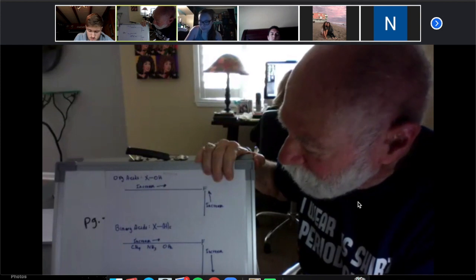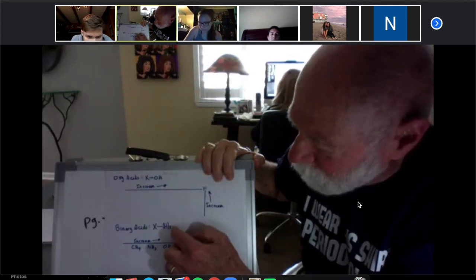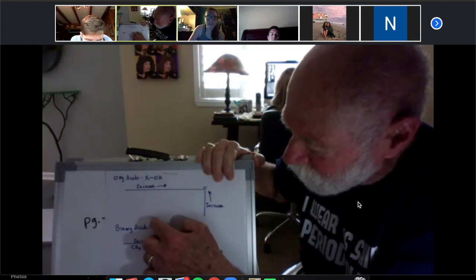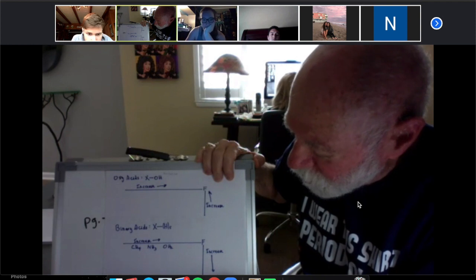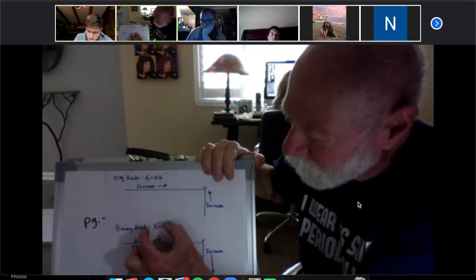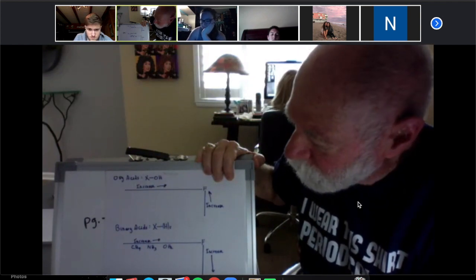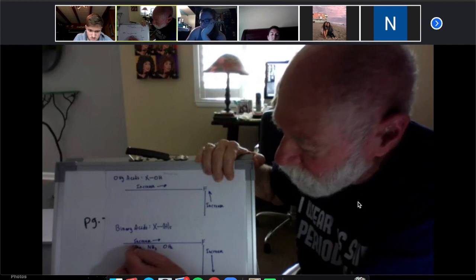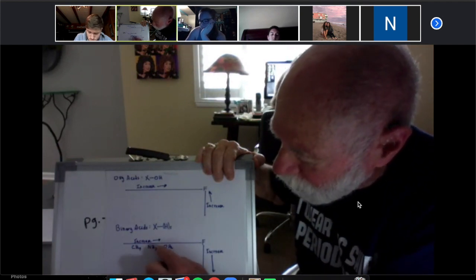In the case of binary acids, when you lose a hydrogen and put a negative charge on atom X, as you go down a family, the acidity increases because of size. As X gets bigger, it has a smaller charge density.